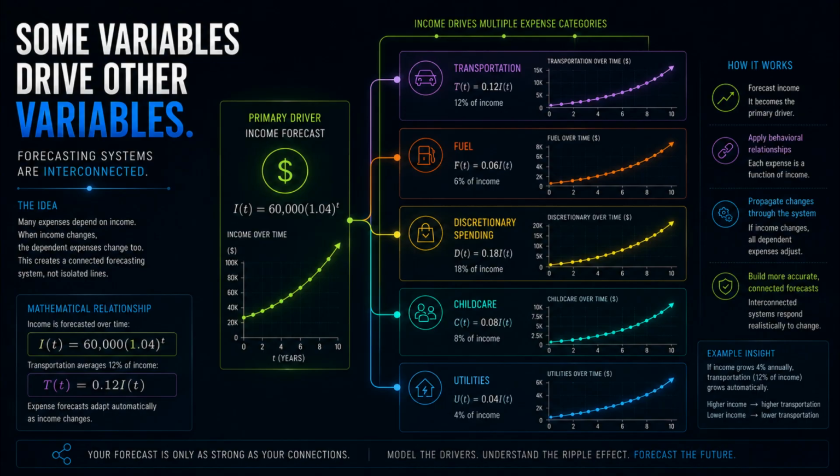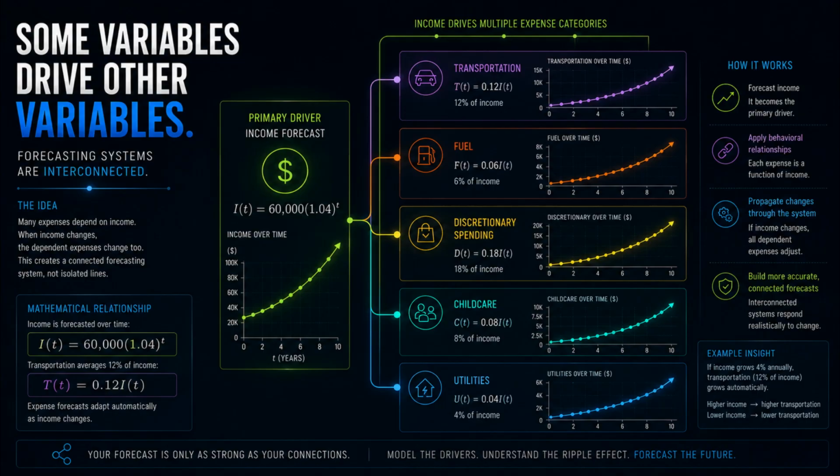Now the transportation forecast automatically changes as income changes. This is a major shift because the system is no longer forecasting variables independently. What I mean by that is transportation expense doesn't just grow by a certain amount, it's linked to the income variable. The variables become interconnected.